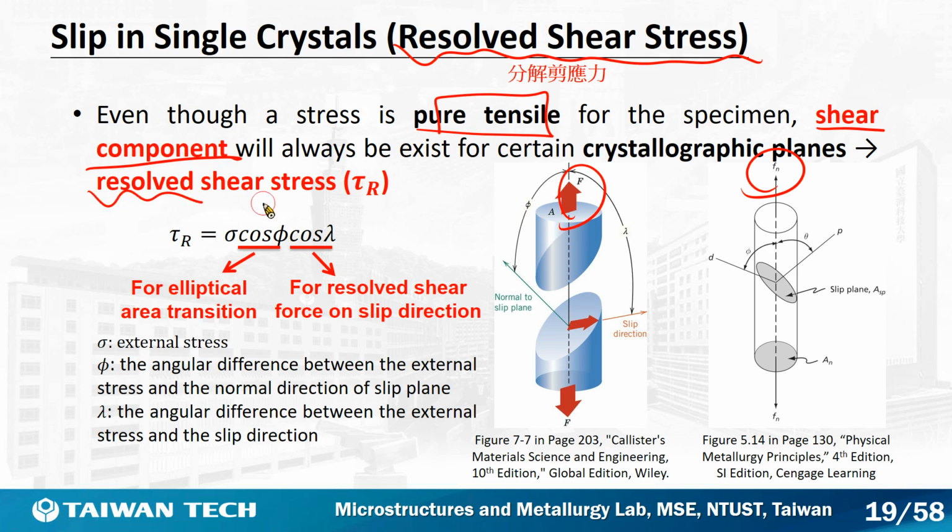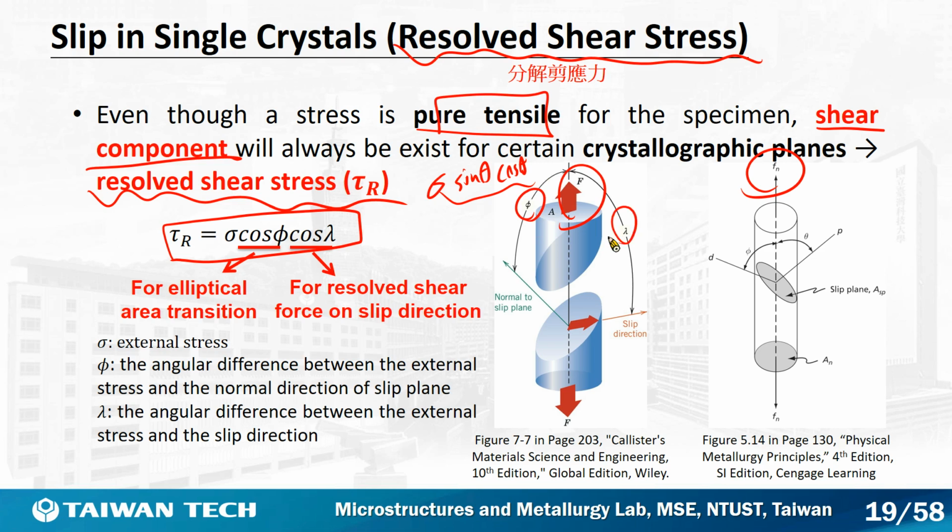So this is what we call the resolved shear stress, and we use these equations. Actually, this is the same as we talked about on the previous page. We use sigma sine theta cosine theta, right? And here we use different terms.